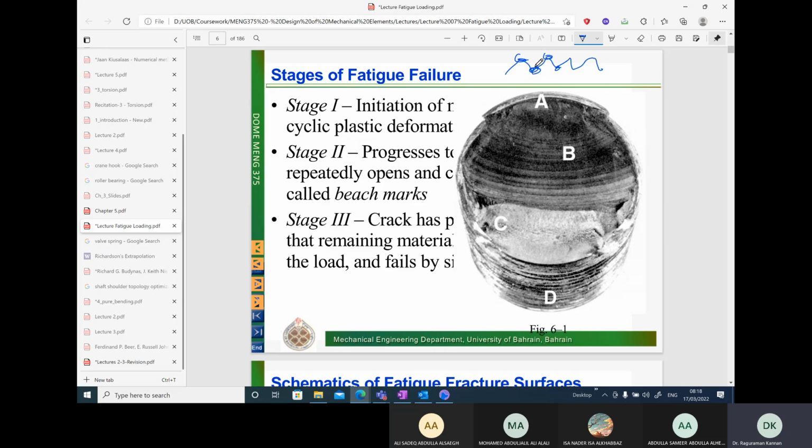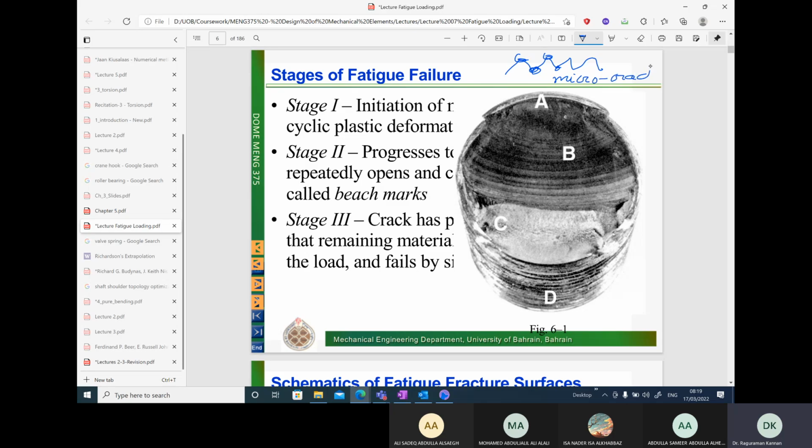And how are these cracks formed initially? If you look at it, these cracks are formed because of local plastic deformation. First, plastic deformation happens, and a lot of slips happen. If you remember what the slip phenomenon is, slip is where you have dislocation motion, and if a lot of dislocation motions happen, then you will have a slip plane form. And a lot of slip planes, if they come on top of each other, form into what are called microcracks.